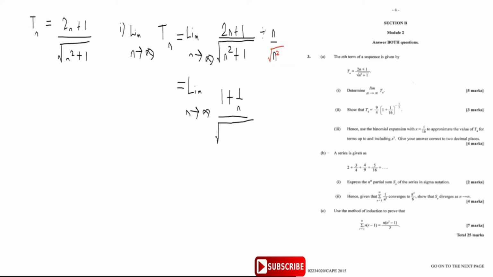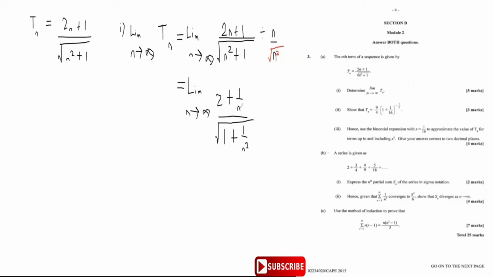Now n squared divided by the square root of n squared, n squared over n squared is 1 plus 1 divided by n squared is just 1 over n squared. Wait, how did I get 2n divided by n is 2? That should be 2. My apologies, that should be 2.